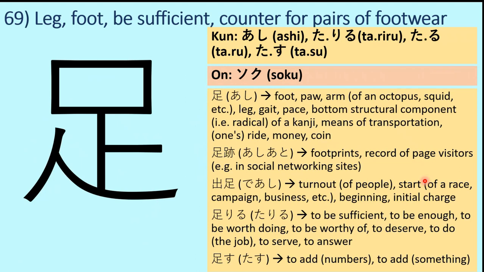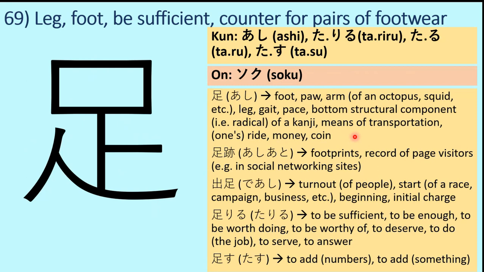Ashi means foot, paw, arm of an octopus or squid, leg, gait, pace, bottom structural component, for example the radical of a kanji, means of transportation, one's ride, money, or even coin. It depends where this symbol is used. On the basis of the context, one of these meanings will be applicable. Again, don't panic.